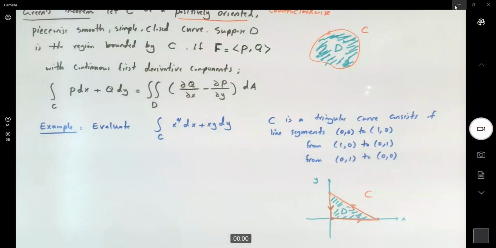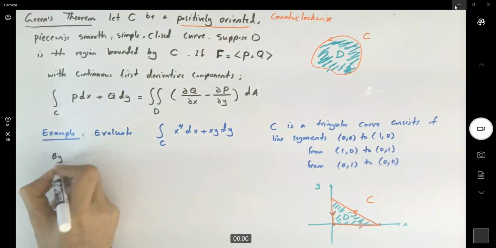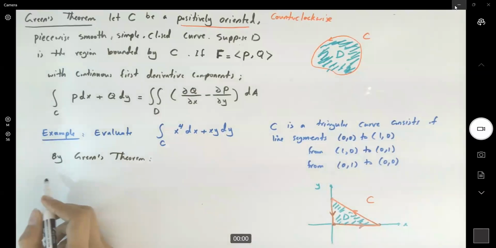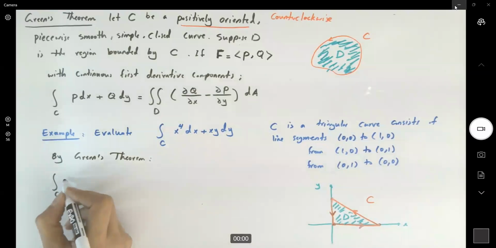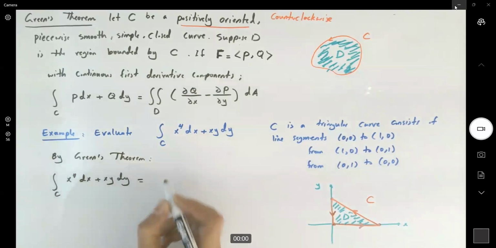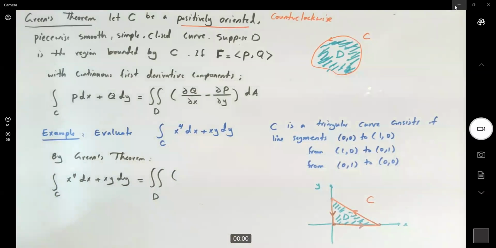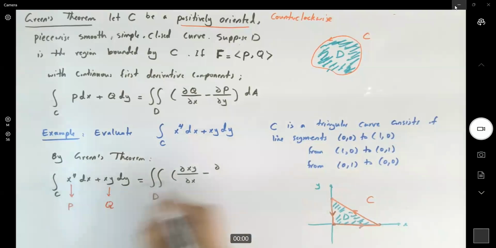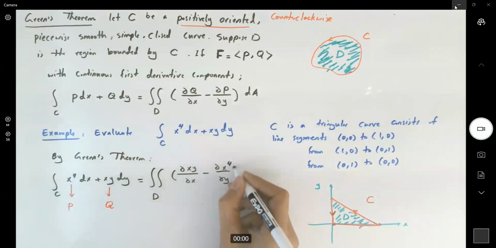So by Green's theorem, this line integral over C of x to the fourth dx plus xy dy can be converted into the double integral over region D. Note that the first component is your P and the second component is your Q. So you have the partial derivative of Q, which is xy, with respect to x, minus the partial derivative of x to the fourth with respect to y, dA.